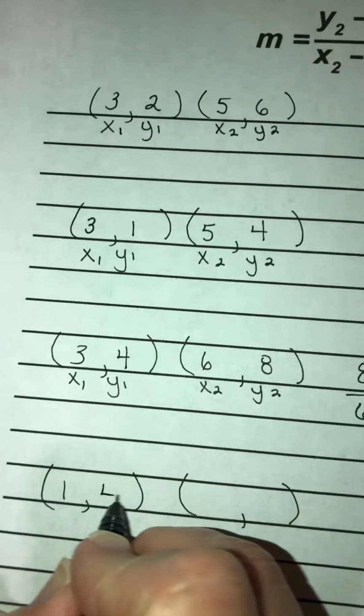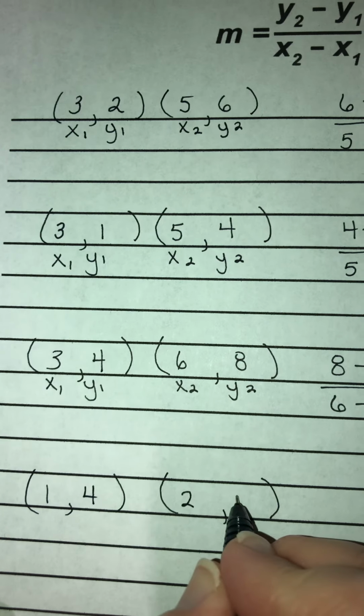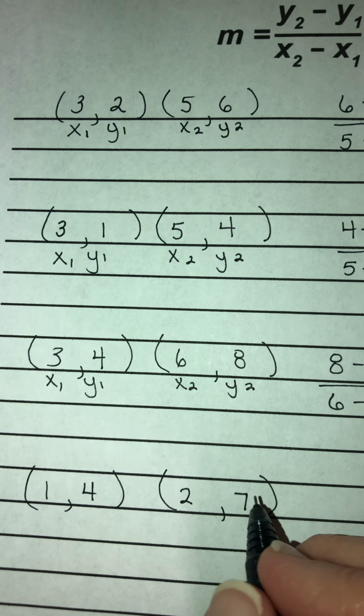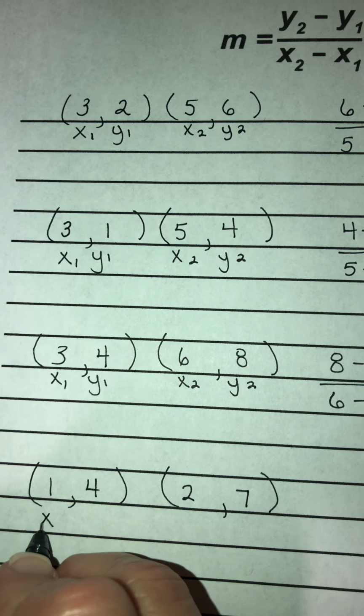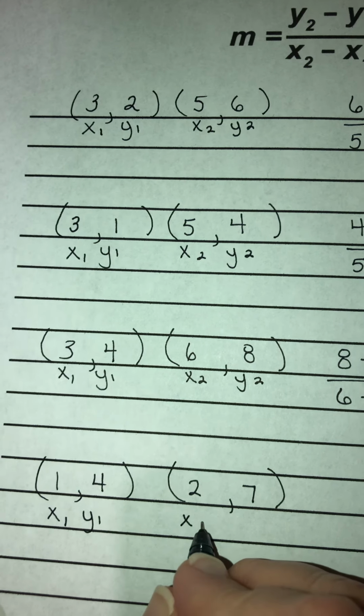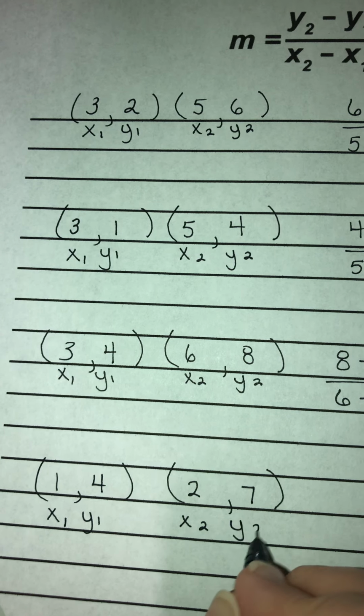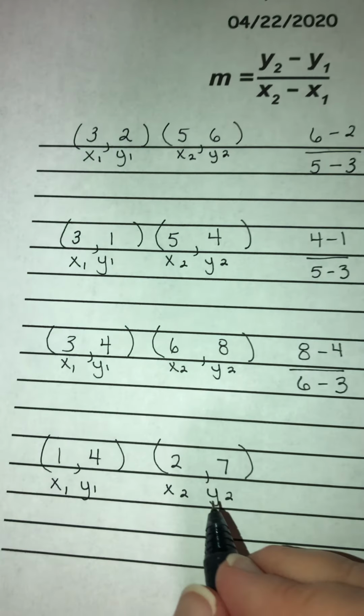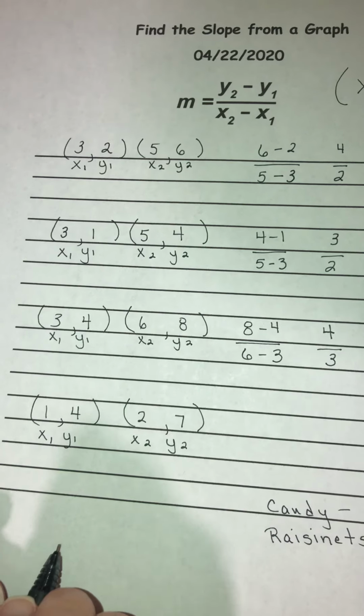So we come over here: 1, 4, 2, 7. Then we label them again: x1, y1, x2, y2.